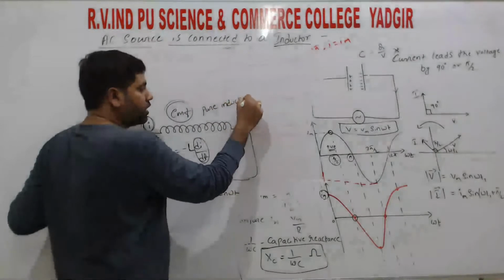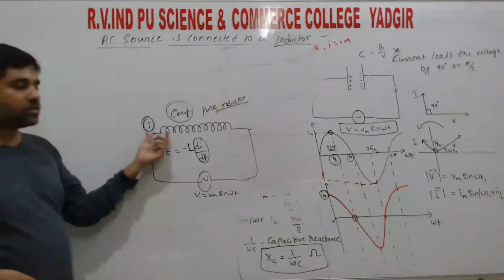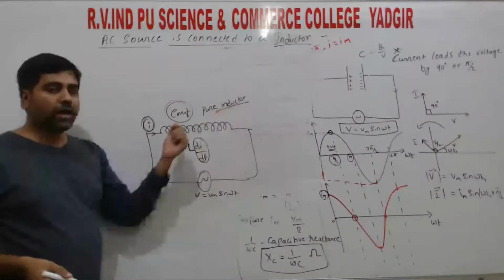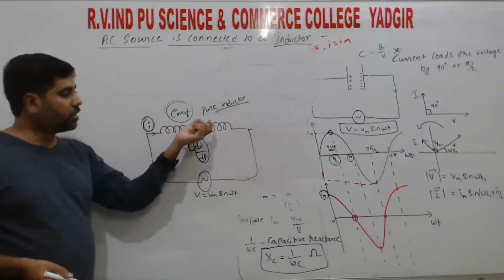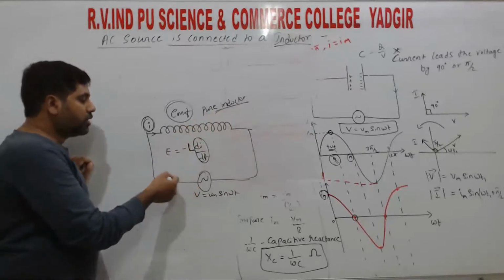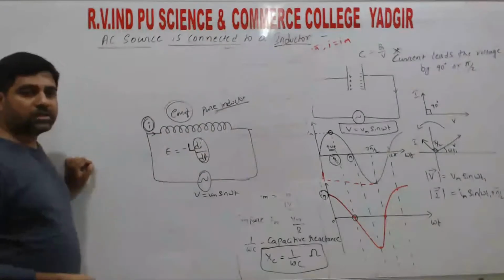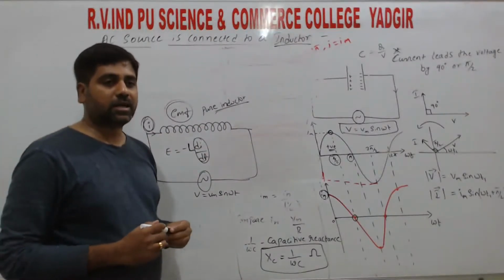A pure inductor means there is no resistance across the inductor, so it does not oppose any flow of current, and that we call a pure inductor, right? So what happens when the AC current is flowing across this inductor, that we will discuss in our next class, right?